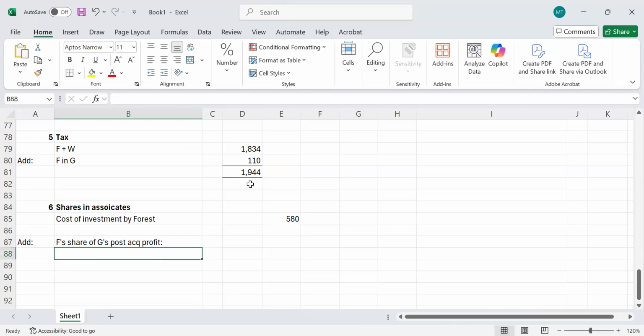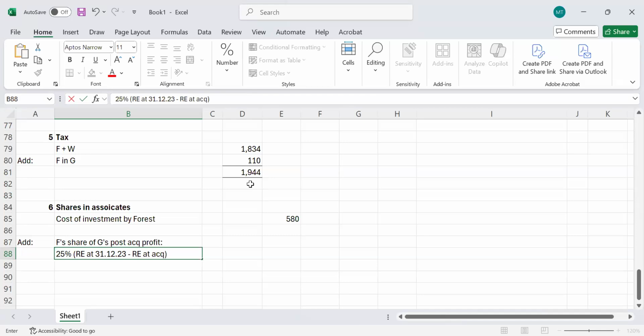Right, so how do we start? Well, there's a formula. We know how much is acquired, 25%, right? 25% of the difference between retained earnings at 31st of December 2023 and retained earnings at acquisition.